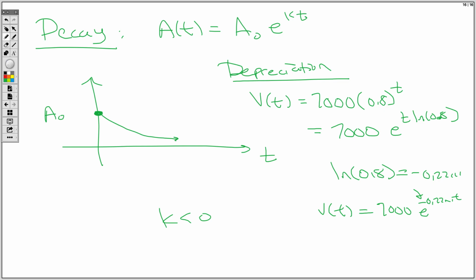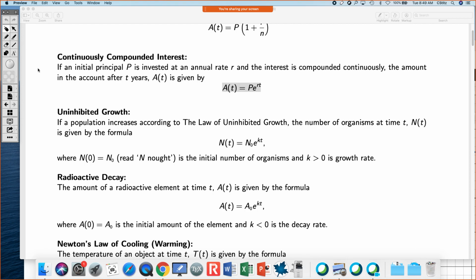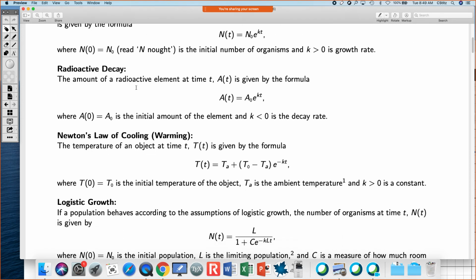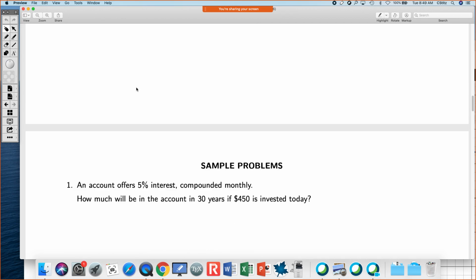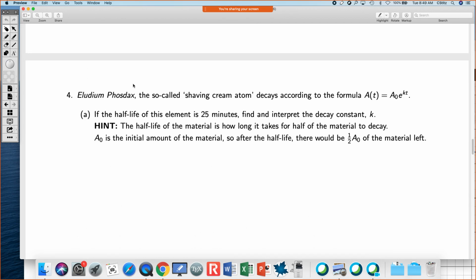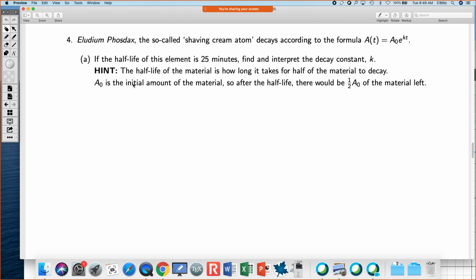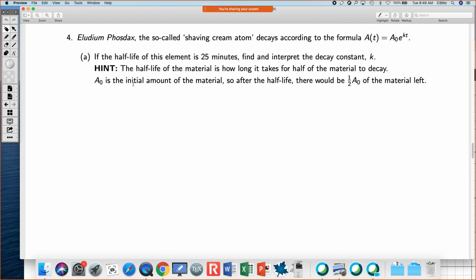All right. So our next example has to do with radioactive decay. So let's take a look at that. It says aluminum Fosdax, the shaving cream atom, decays according to the formula A of t equals A naught e to the kt.